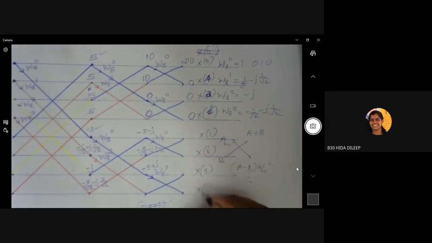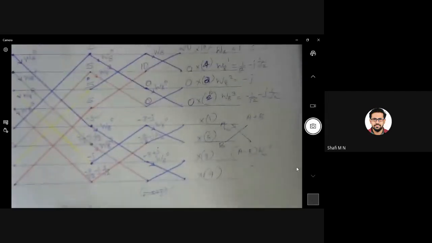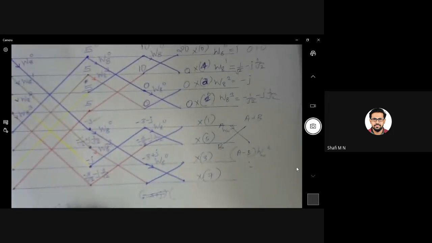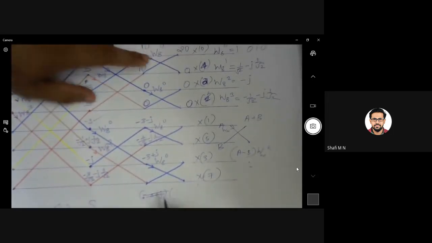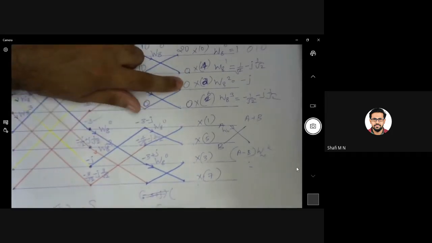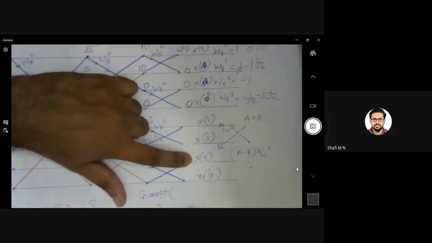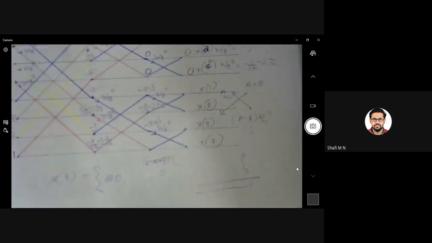And x of 7. So your output will be in this order. So you have to write your x of k. Say x of k is equal to, first x of 0 will be there. X of 0 is 20 in our case. Then you have to look at what is x of 1. Then you have to look at what is x of 2. X of 2 is 0. Okay. X of 3, you have to find that. You have to write the final answer in this particular order.